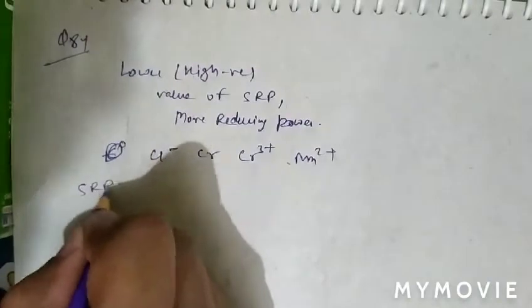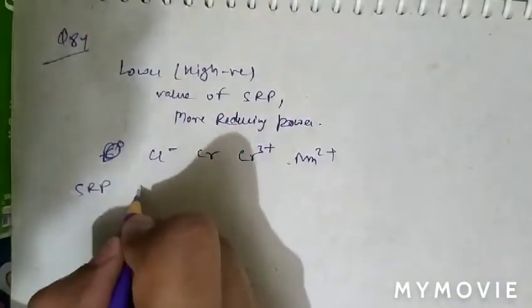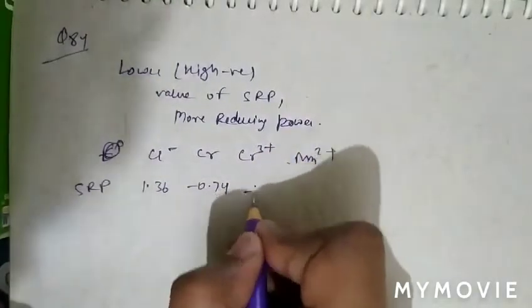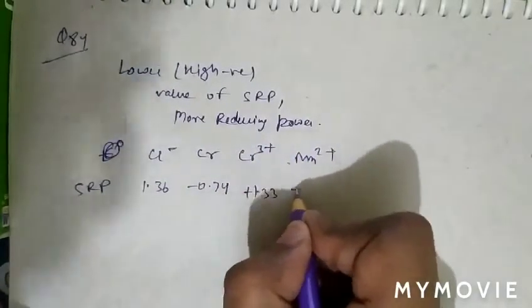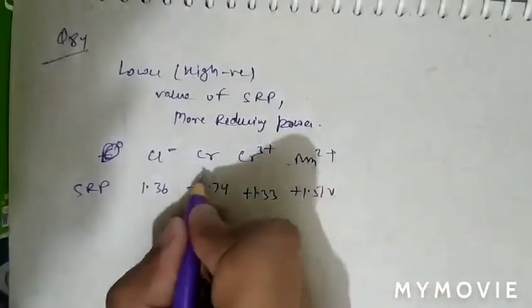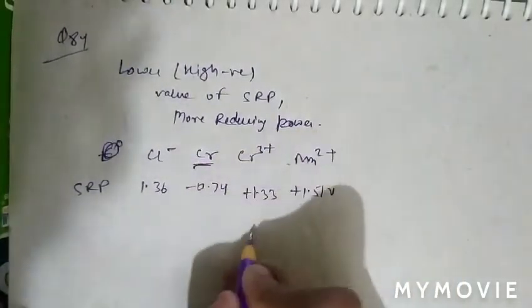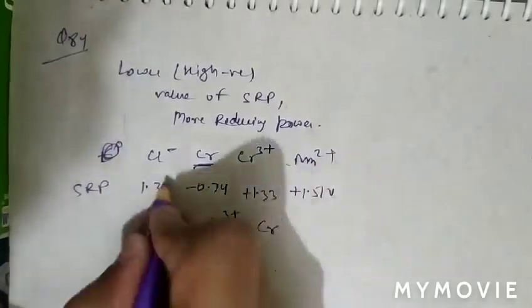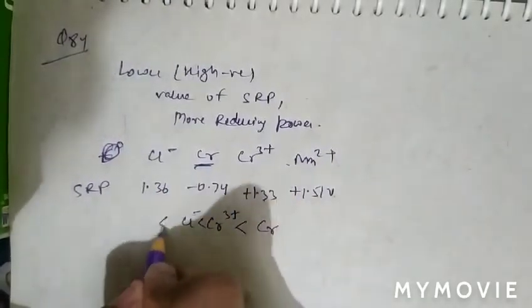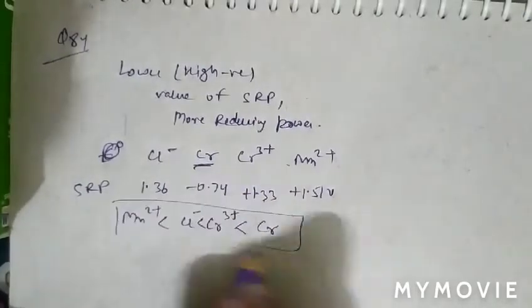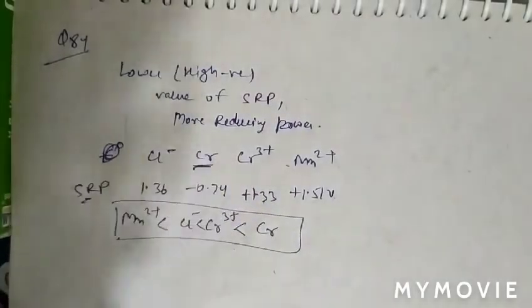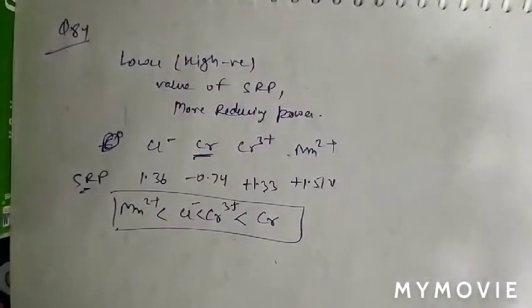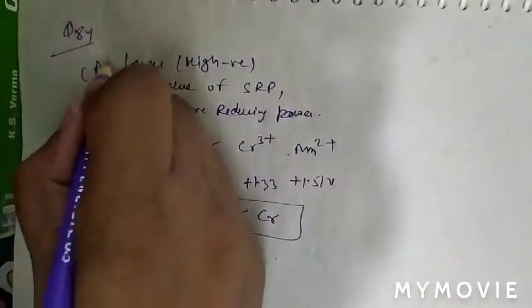Their SRP values are given: 1.36, minus 0.74, plus 1.33 and plus 1.51. So Cr has the highest reducing power. After that Cr3 plus, and after that Cl minus, and then last Mn2 plus. So question number 84, option A is correct.